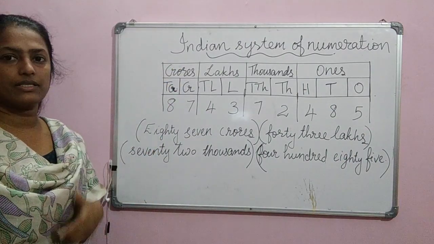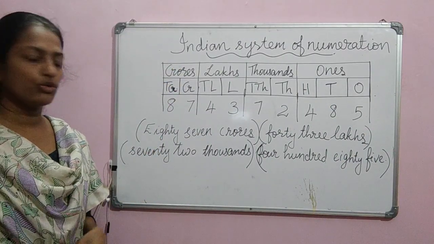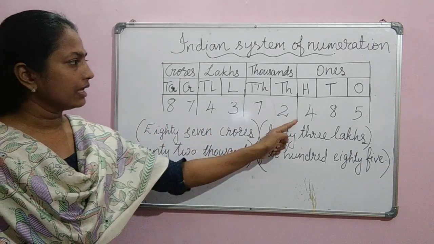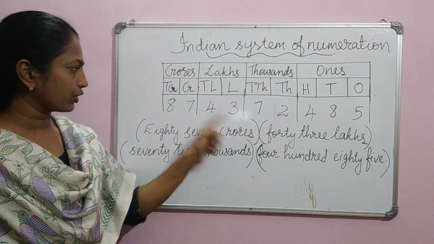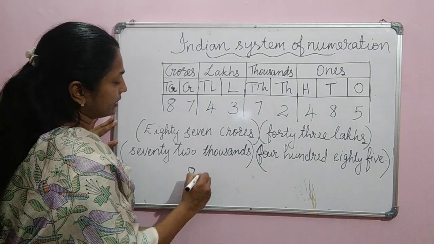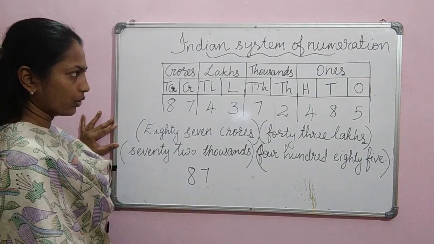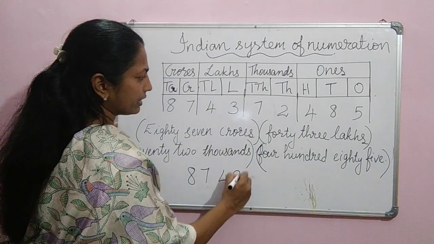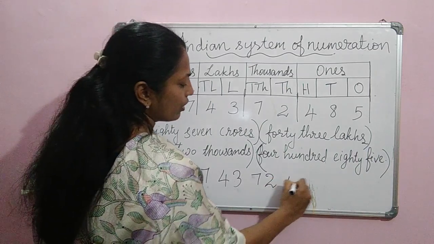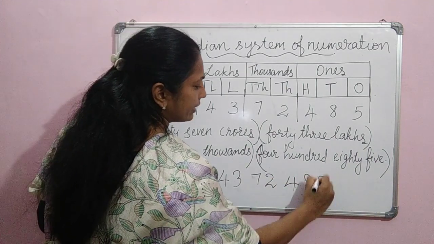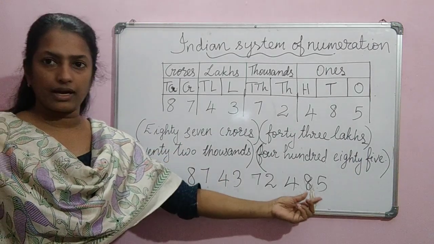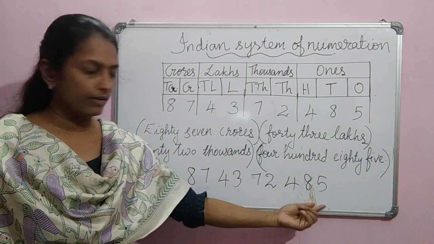And in Indian system of numeration, to make it easy, we can put commas between the periods or groups. So let's see how we do this. 87 crores 43 lakhs 72,485. As I said, we start grouping from the right side.